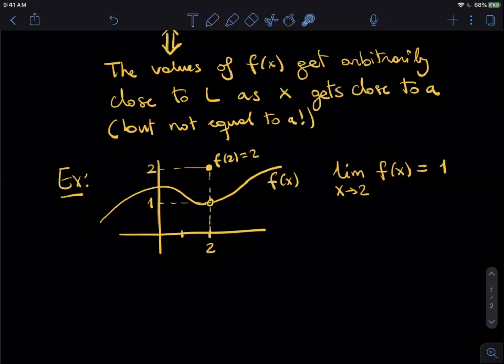It says the values of f of x get arbitrarily close to L. So we travel on the graph and we end up at this point, 1. Notice that f of 2, by definition of the function, is 2. But here it says not equal to a. So the value of f at the point a is completely irrelevant. This is a warning we need to keep in mind.